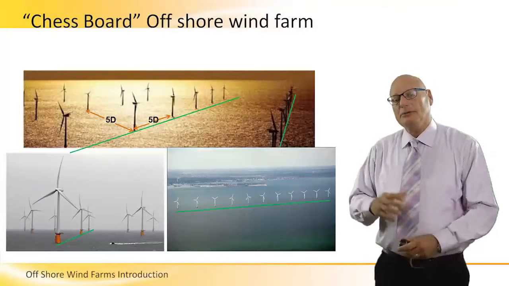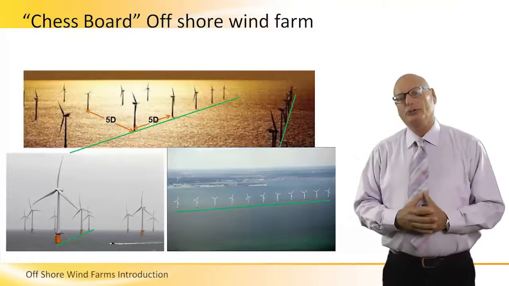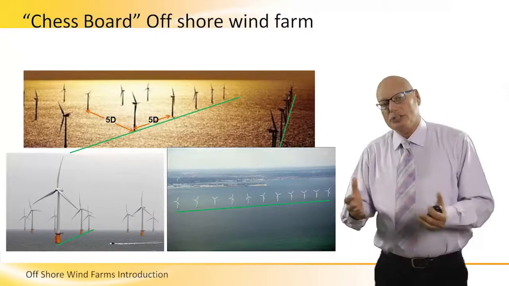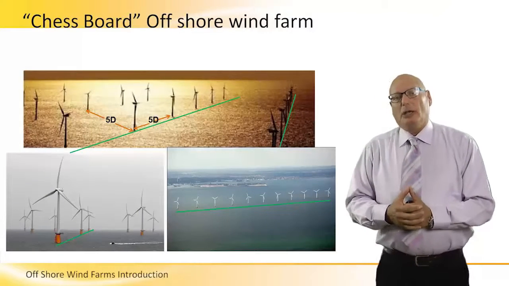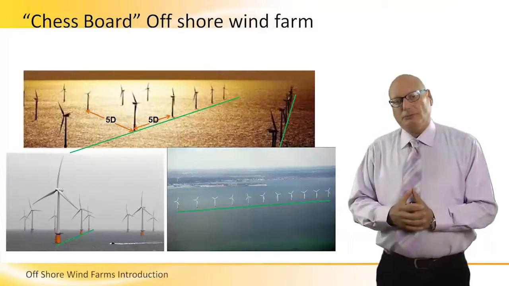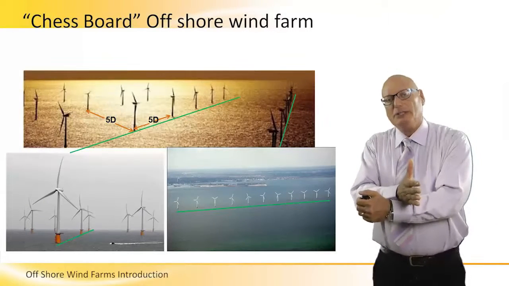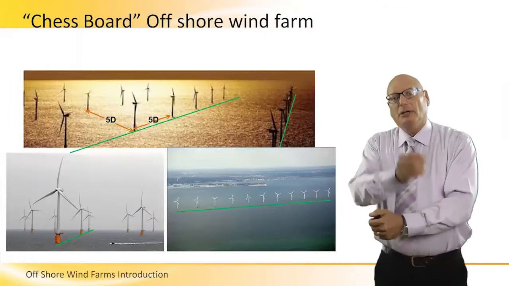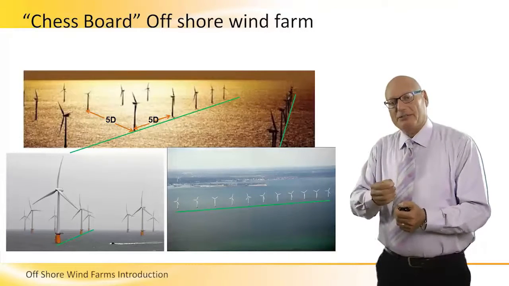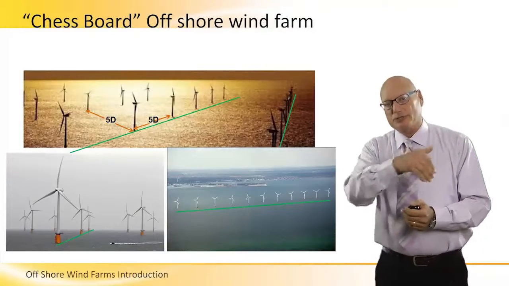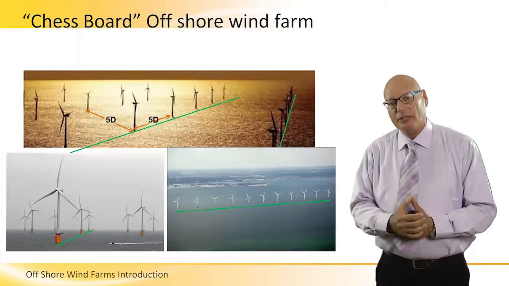And this is another family of offshore wind farms. It's called chessboard family. As opposed to the banana shape, we have a chessboard, X and Y coordinates. Turbines are placed in straight lines, straight rows, and straight columns.